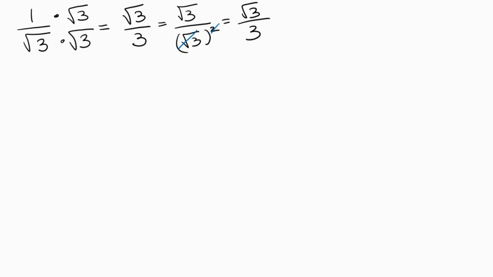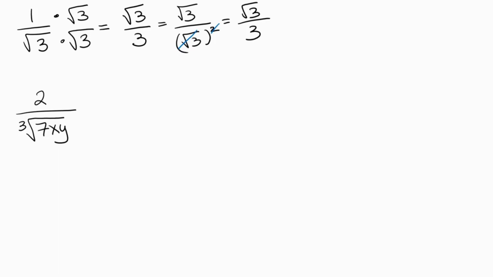Let's look at one more example, just so we kind of take a look and see what's going on. Let's say we had 2 over the cube root of 7xy. Now, again, I have this situation on the bottom. It's not great. I need to get it out from the bottom.